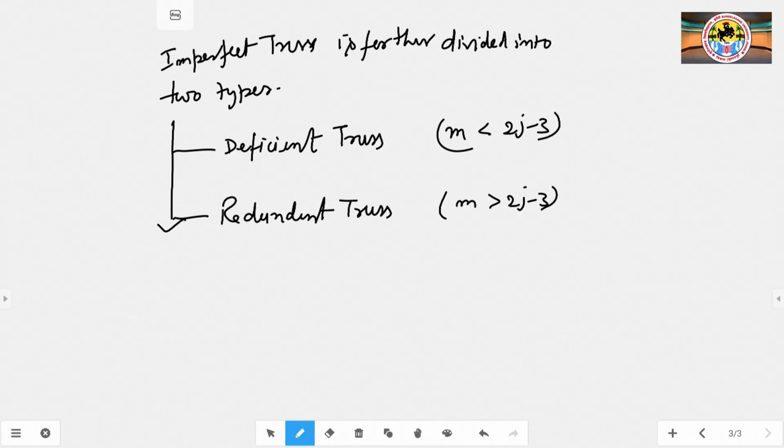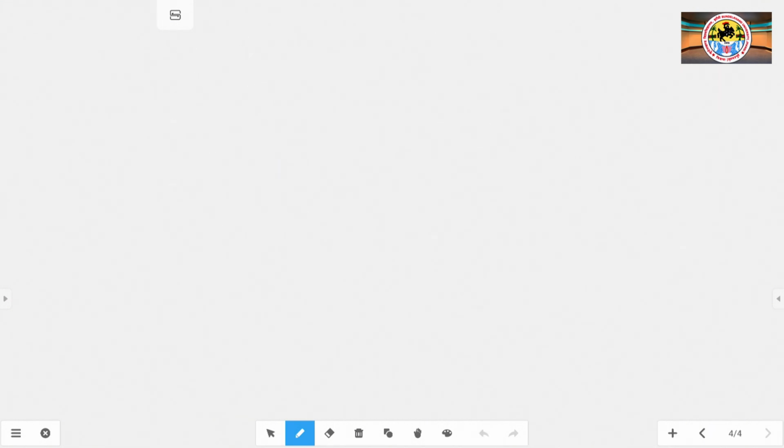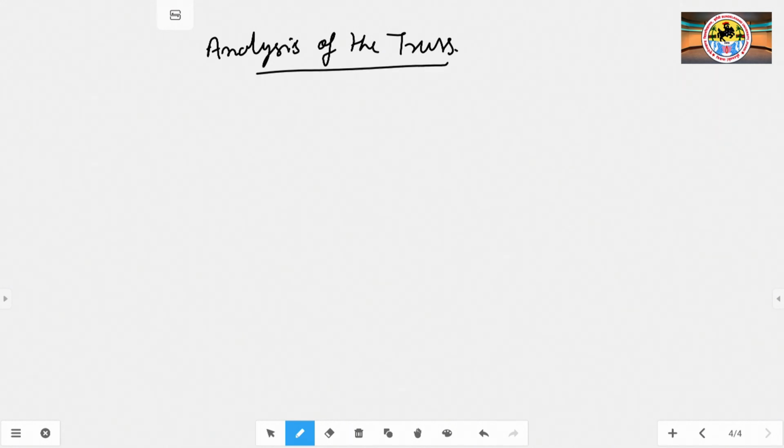Now, we will cover the various forces acting on the members of the truss. Analysis of the truss is very important in the engineering mechanics subject.